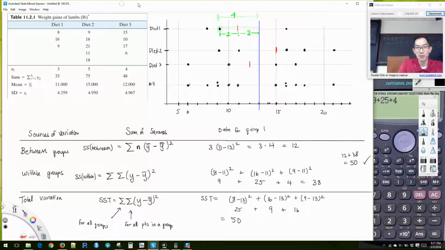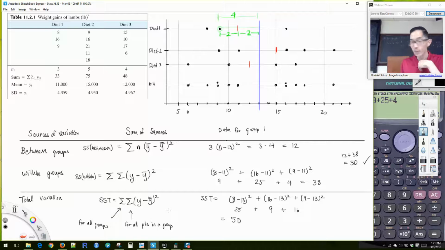Are you guys still with me? Okay, and so we can do this for all of the data points and calculate the total sum of squares between the groups, and do it for all groups and calculate the total sum of squares within the groups. We could even do it for the sum of squares total.